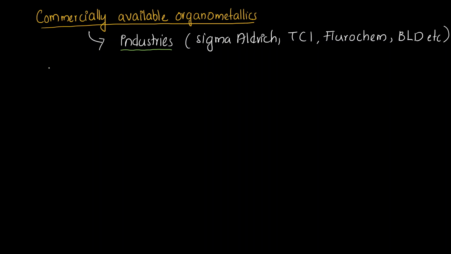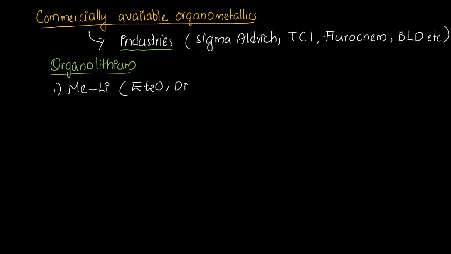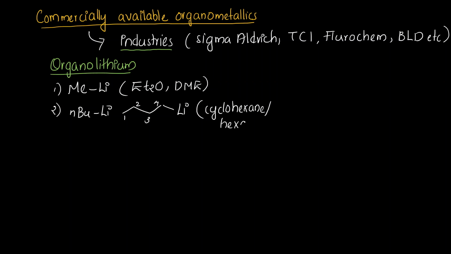For example, if you consider the organolithium reagents, you can have methyl lithium, which you will get in diethyl ether solvent or in dimethoxyethane solvent, and you can have n-butyl lithium. n-Butyl lithium means you have a butyl group, 1, 2, 3, 4, which contains a lithium. This you can get in cyclohexane or even in hexane.